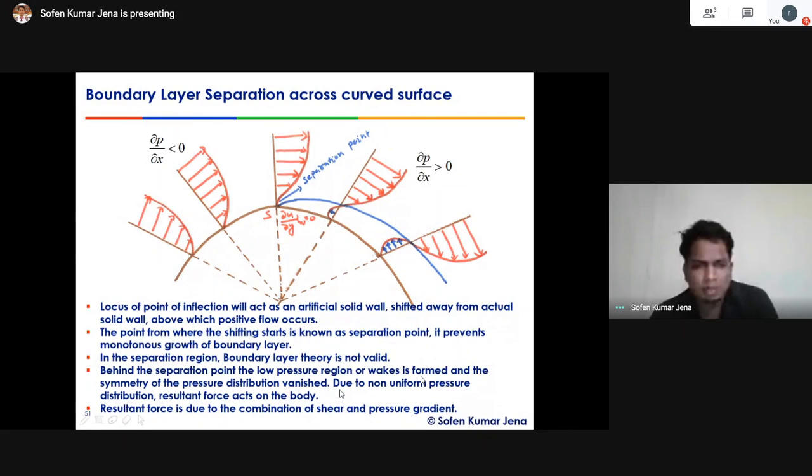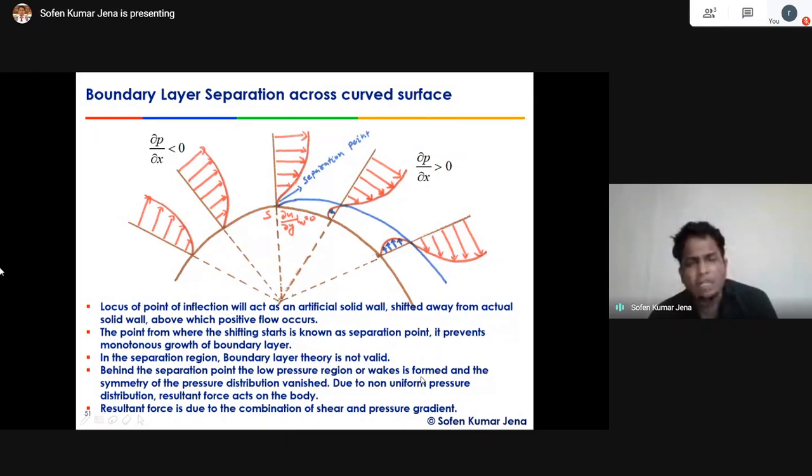Due to the non-uniform pressure distribution, a resultant force acts on the body. The fluid molecule present in the vicinity of the separation edge, and the molecule present on the opposite side, because of the pressure gradient, will exert a flow this side; then the upward gradient will exert a flow in the opposite direction, because of the action on the body.